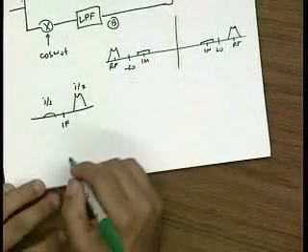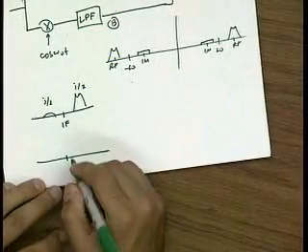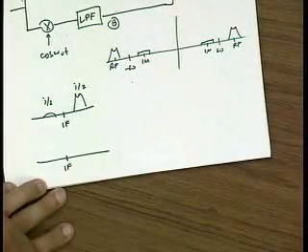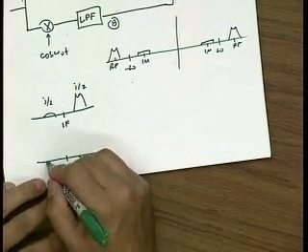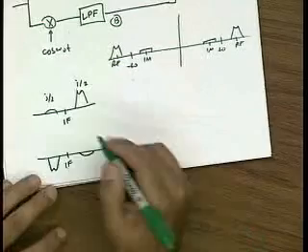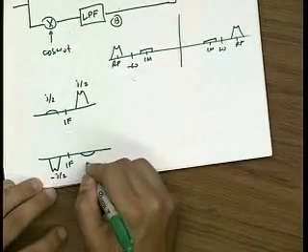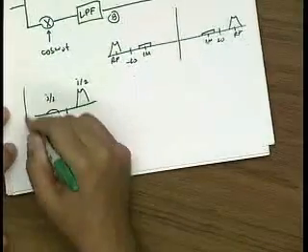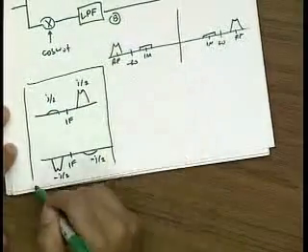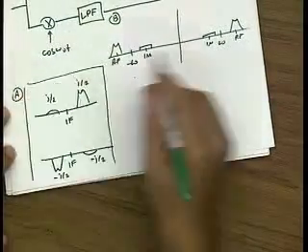So this is the first term. The second term is the minus, and it also has a minus sign because it's basically a sine. So these are the waveforms which are summed together, and I'm keeping them separate at point A.